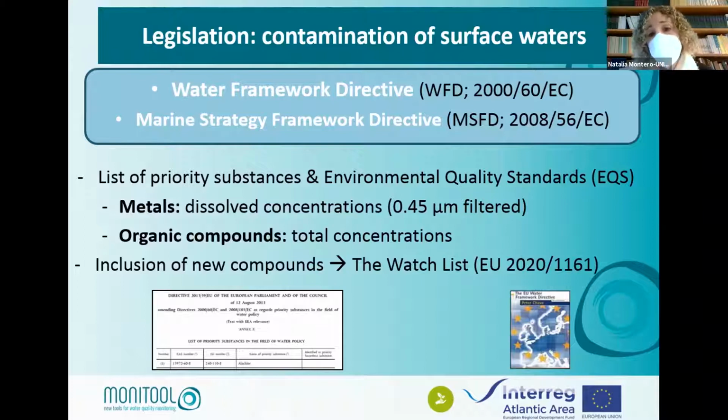This provides a group of compounds that have to be monitored in all member states, but it also provides maximum acceptable detection limits for these analytical techniques that in some cases are very low, and it's difficult to measure them by traditional sampling and analytical techniques.